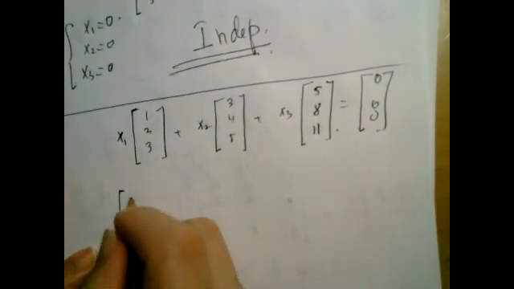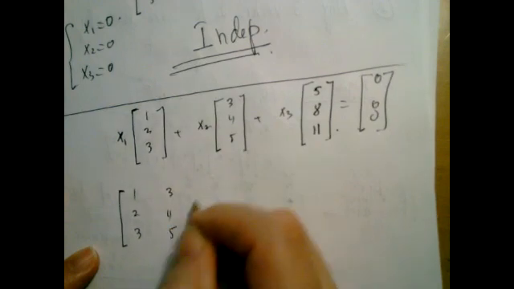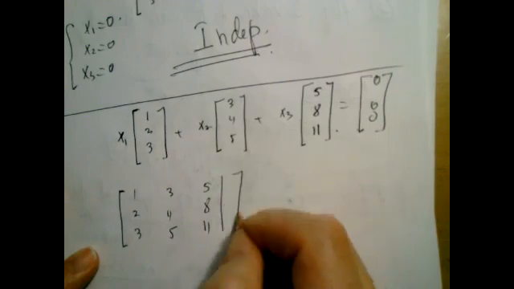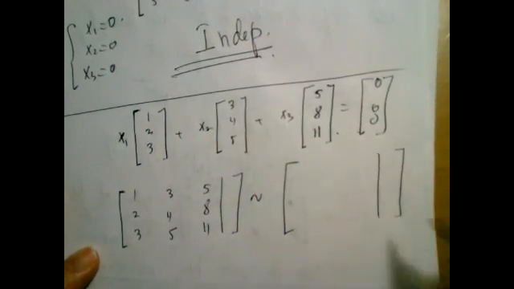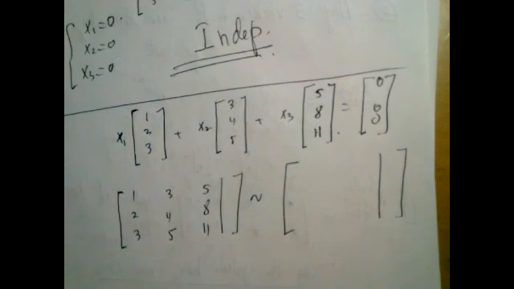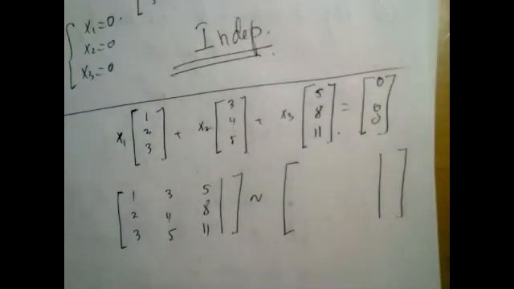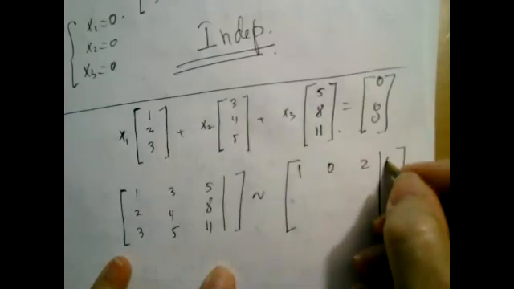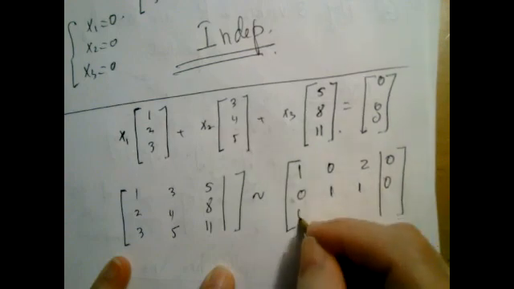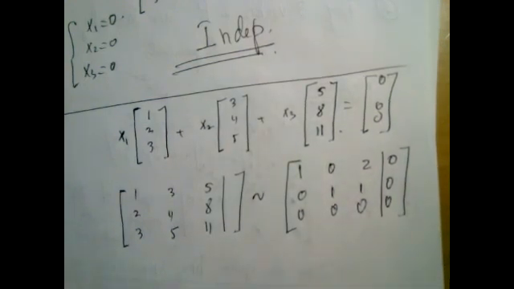I put this in the calculator and solve. I got the following: 1, 0, 2, and 0, 1, 1, and 0, 0, 0.